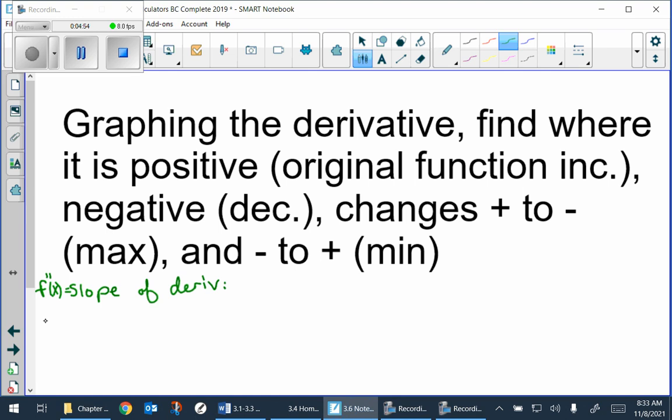So if I want to find out concave up, concave up is where the second derivative is greater than 0.